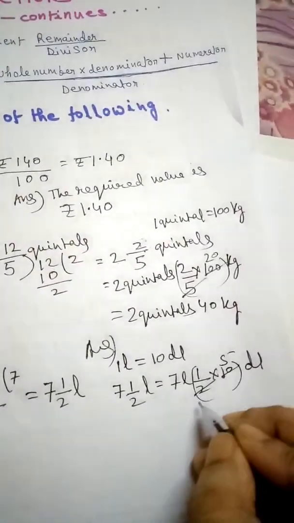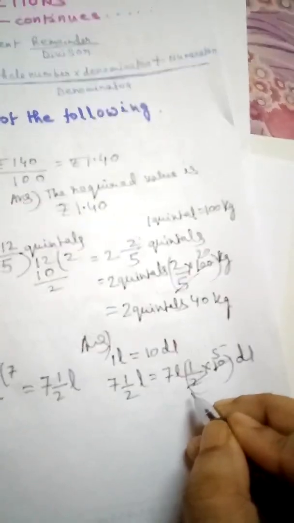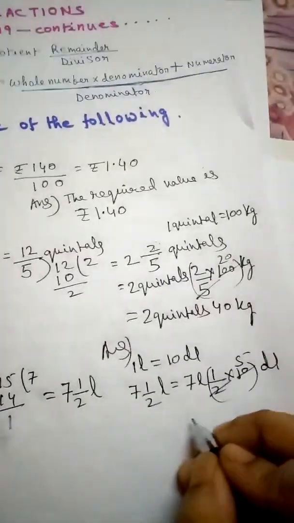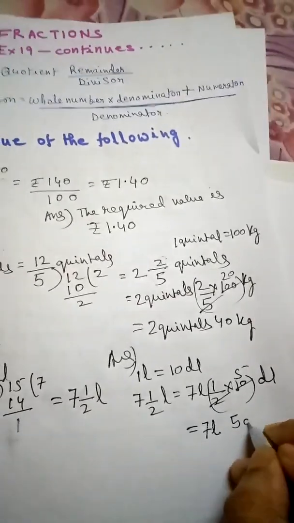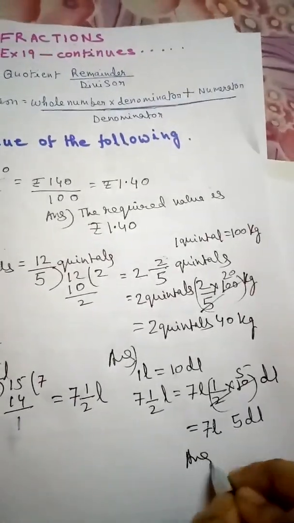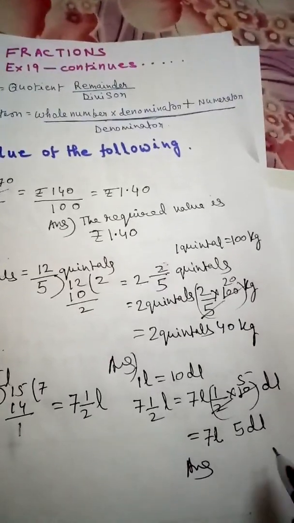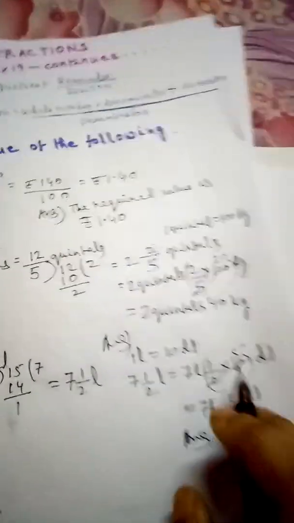Okay, I'm cancelling this by 2. So 2 ones are 2, 2 5s are 10. So what is the result? 7 liter 5 deciliter. Again you will write down the answer. The required value is 7 liter 5 deciliter. Okay, come to next question.